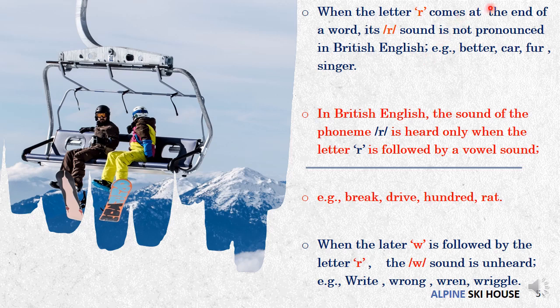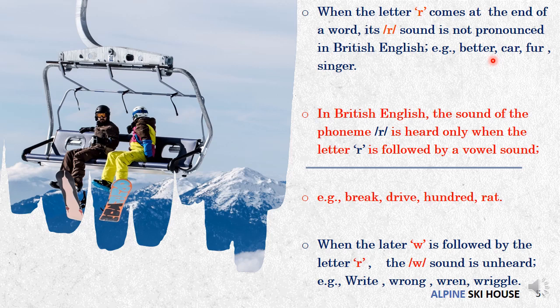So if R comes at the end of a word, R sound is not produced in British English, like better, car, fur, singer. So there you go. When the letter R comes at the end of a word, its R is not pronounced in British English.